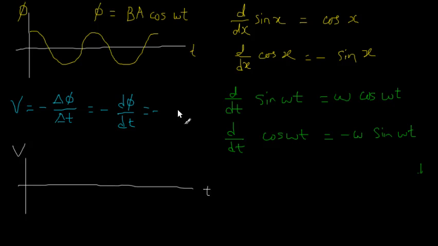So minus omega sine omega t with the factors of B and A. Okay, but there's a minus sign here, so minus becomes a plus. So this then is a sine function, and I can now sketch my induced voltage graph. It's just a sine function.